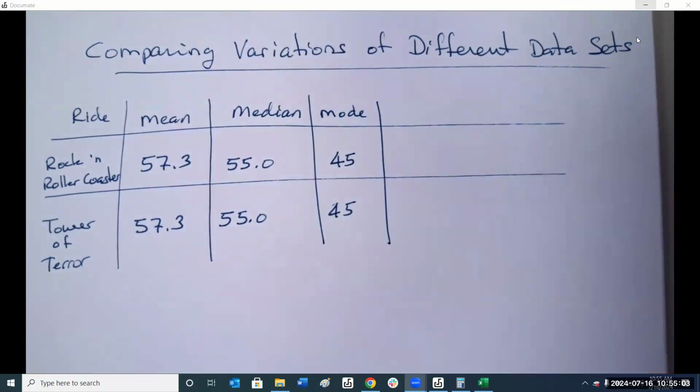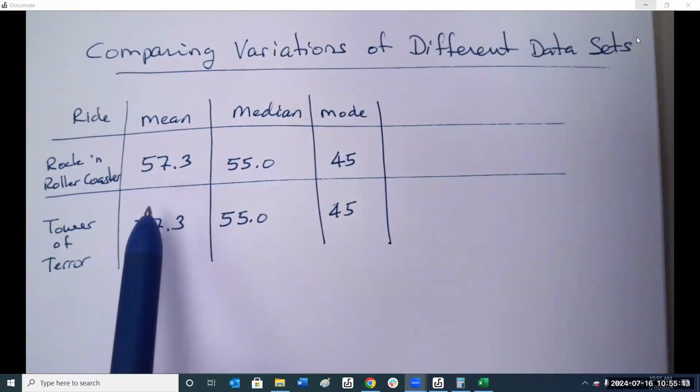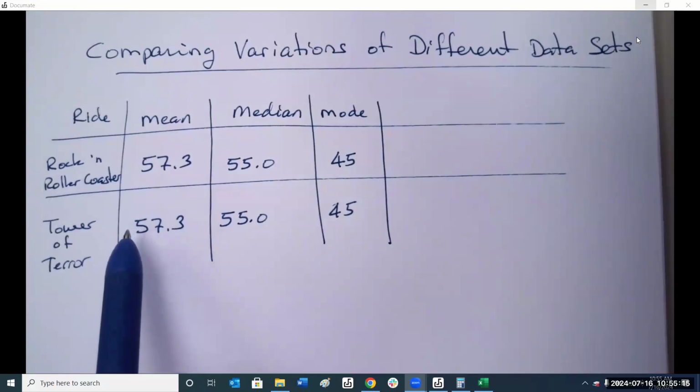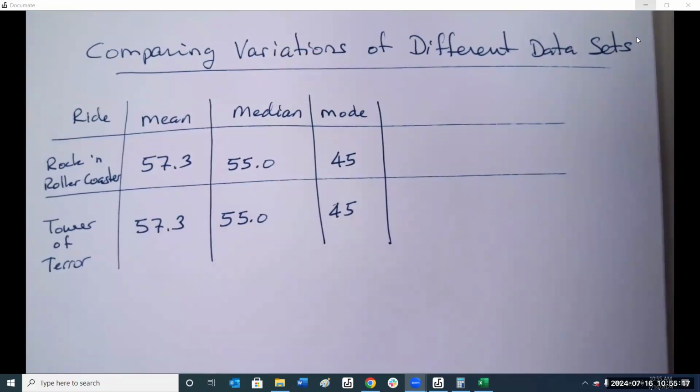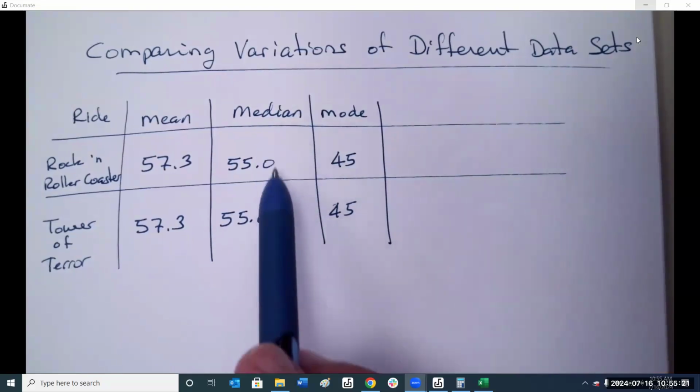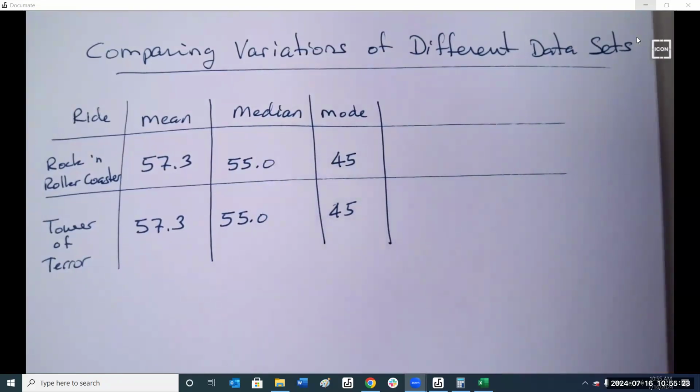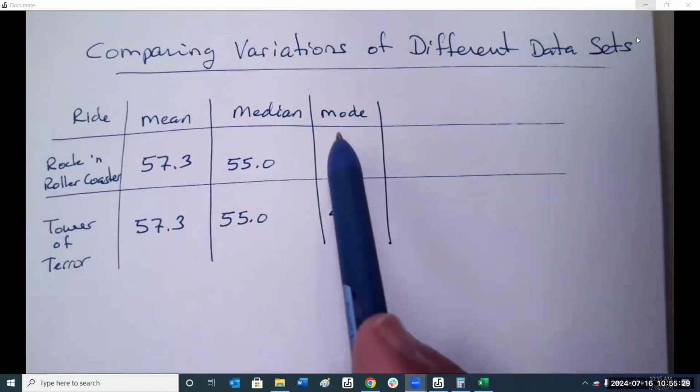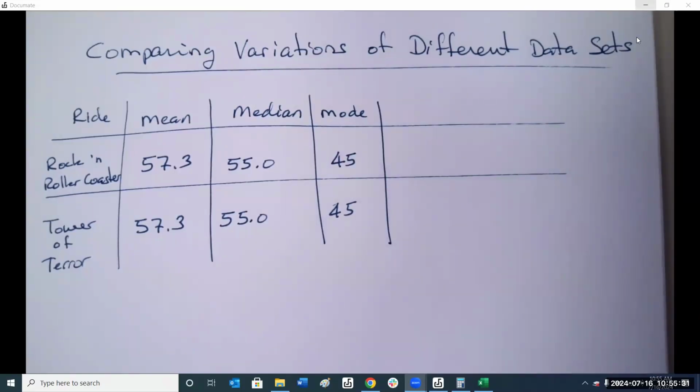So what do these first three columns tell us? What does this first column tell us? The mean. The average wait time is 57.3 minutes, almost an hour. The median, the middle wait time, is 55 minutes. It's pretty close to the mean. The mode is 45.